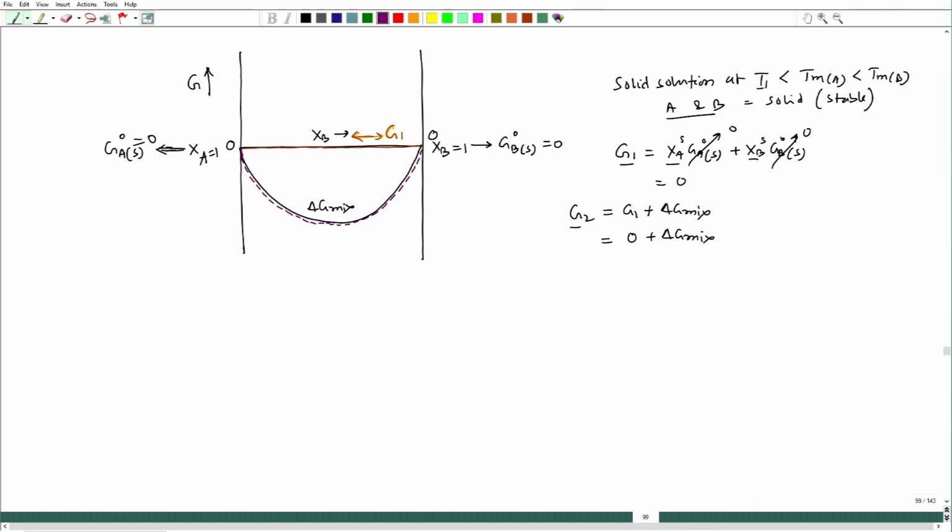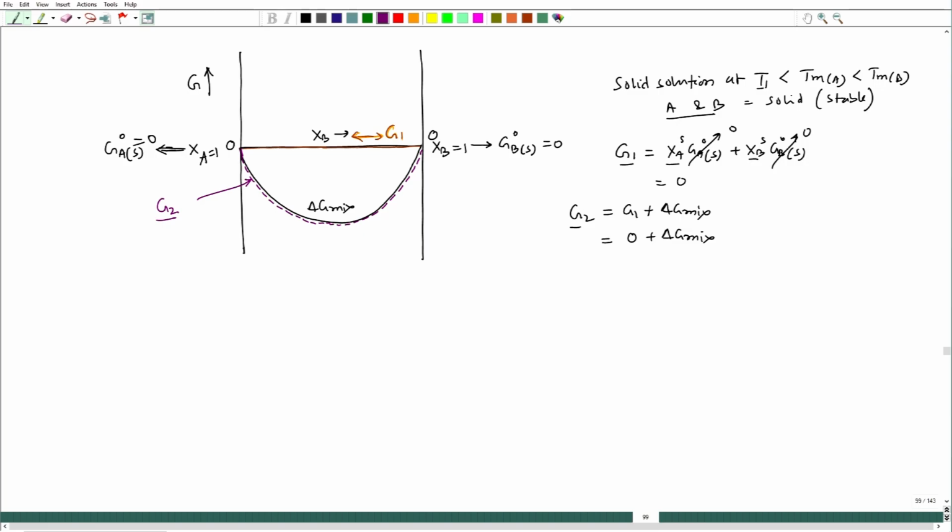I have given a little gap just to make a difference between these two colors, but they are actually falling on the same point, the same curve. So this is nothing but G2 for the solution.